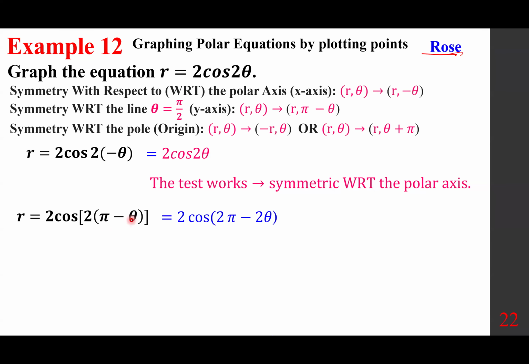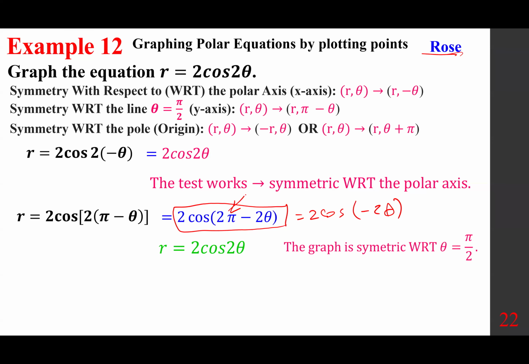And because the cosine function is a periodic function with a period of 2 pi, this is the same as 2 cosine of minus 2 theta, right? Because the 2 pi, you can take it away, which makes it the same as 2 cosine 2 theta, and it's symmetric with respect to the y-axis. Theta equals pi over 2 is really the y-axis, right, class? But just theta equals pi over 2.